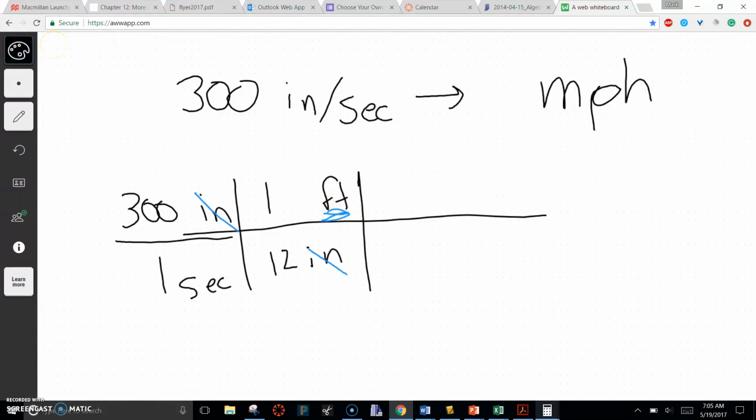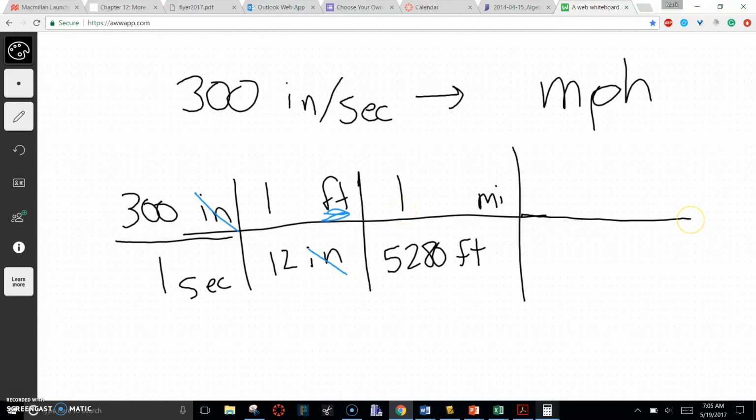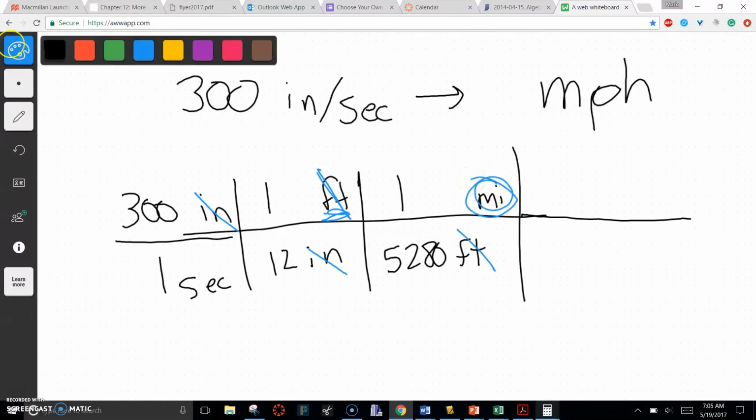So we're going to change it, and we're going to say miles. Well, I do know this one now. I know there's 5,280 feet in 1 mile. So the feet would have canceled. Now I have the right unit on top because I have miles.